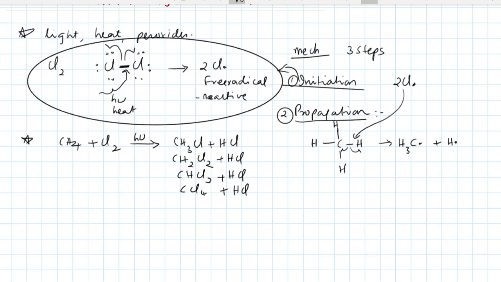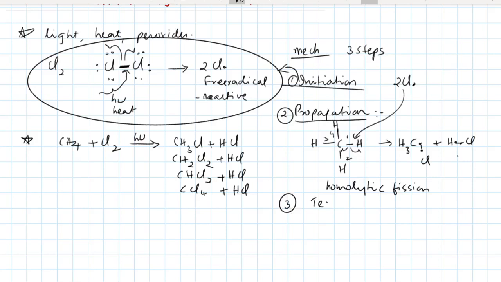Now each of these will combine with a chlorine atom like this, and you will have the product formed like this. Like this, in successive replacement of all these hydrogens, each of the 4 C-H bonds will undergo homolytic fission, and the corresponding products will be formed.